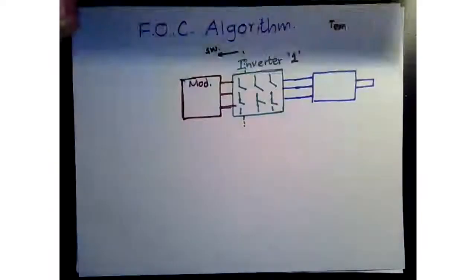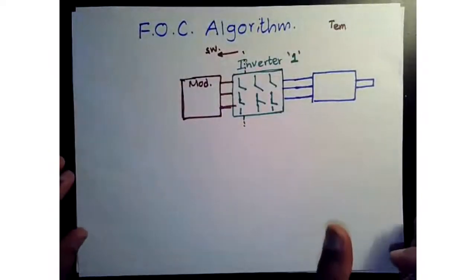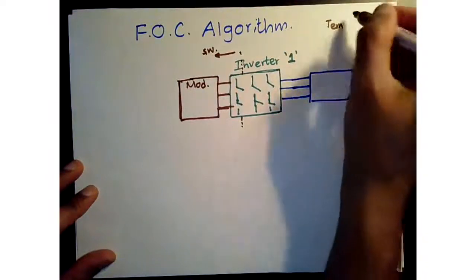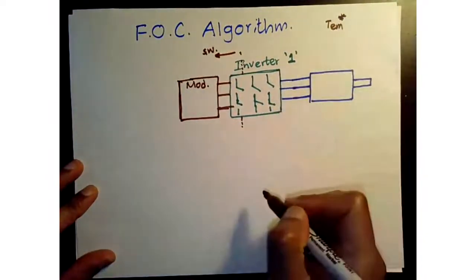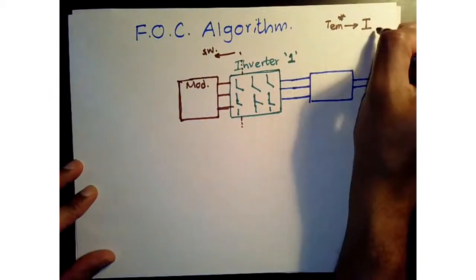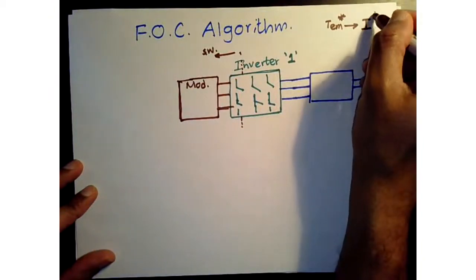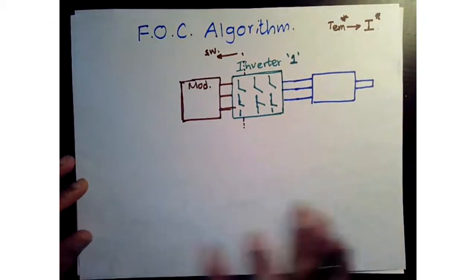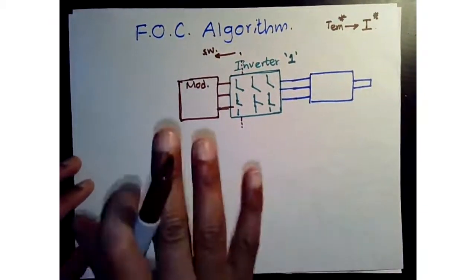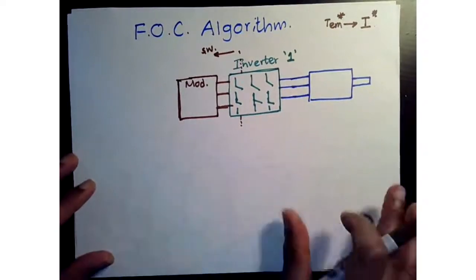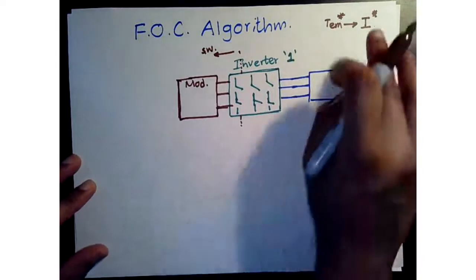So typically, any electromagnetic torque command, I'm going to use the star, gets converted to a current reference. Okay, a current reference. Now, there are different variations. I'm going to talk about the standard method here. That's the important concept.